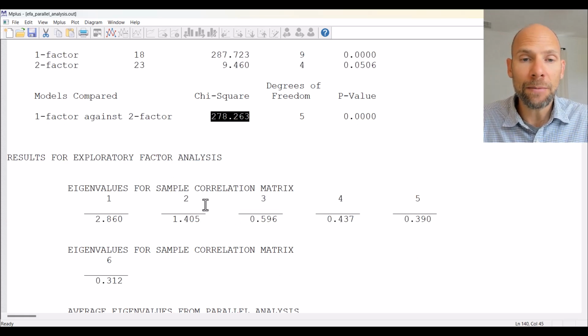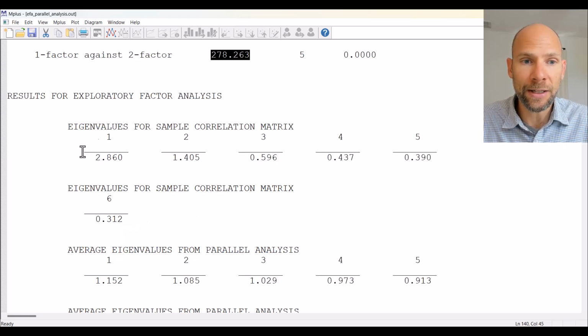Next, we can look at more traditional criteria for EFA model fit or model comparisons, and that's related to the eigenvalues. Remember that there is a criterion for factor selection with eigenvalues that says we select all factors that have an eigenvalue greater than 1.